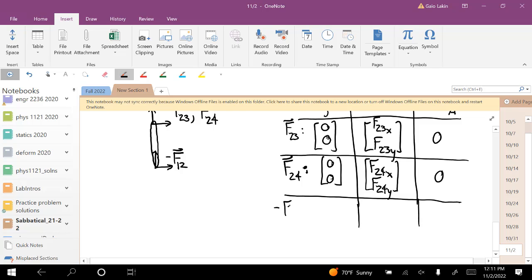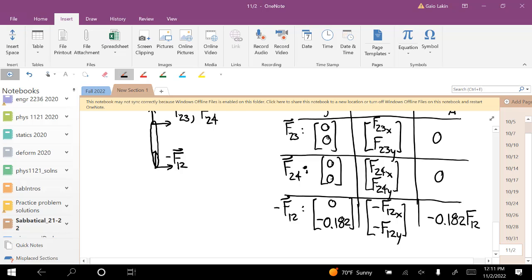So negative F12, what's the height of that piece? 0.182, so this is going to be 0, negative 0.182. And the force is negative F12x, negative F12y. And the cross product is negative 0.182 F12x.